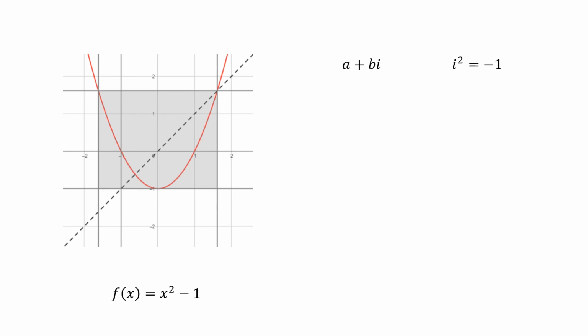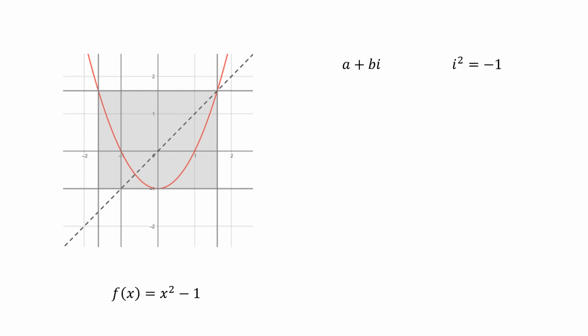Complex numbers are expressed as a plus bi, such that a and b are variables and i has the property of becoming minus 1 when being squared. i is also known as the imaginary unit. a is the real part while b is the imaginary part.